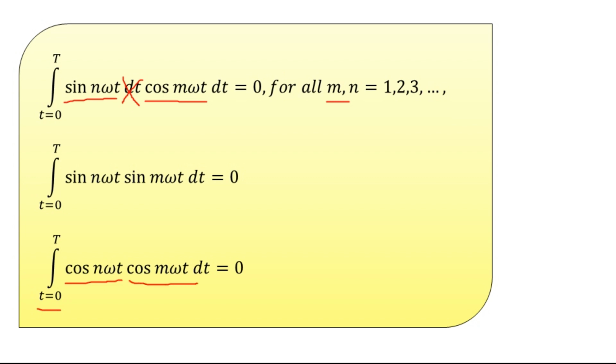is equal to 0. Therefore we have a set of functions here that have been defined over the time interval 0 to capital T such that they are mutually orthogonal.